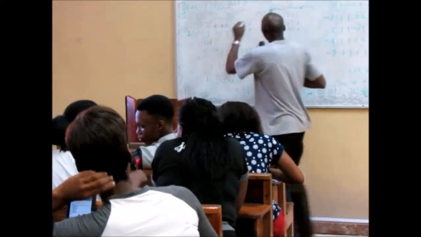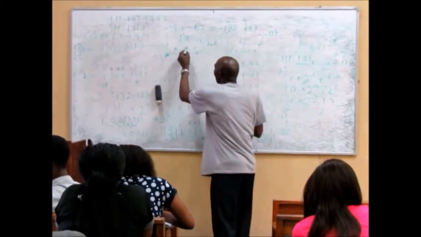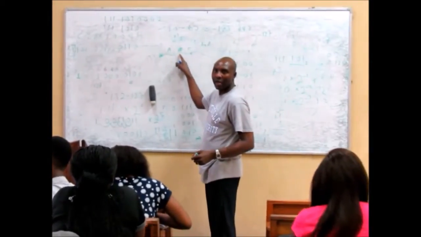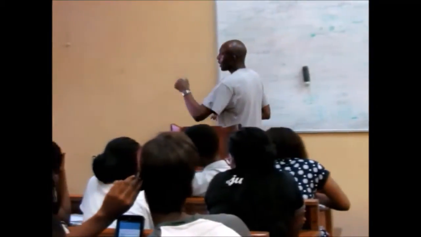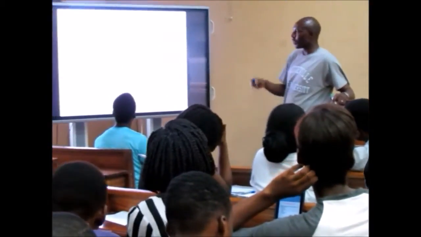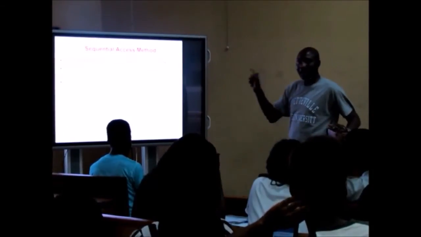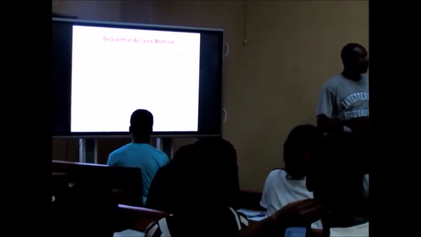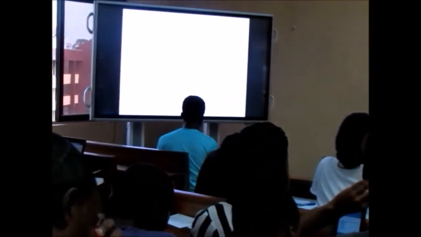If data is stored as A, B, C, you can't read C until you have read B, and you can't read B until you have read A. Access time depends on the location of data and the previous location of the read-write mechanism. An example of that is your tape.